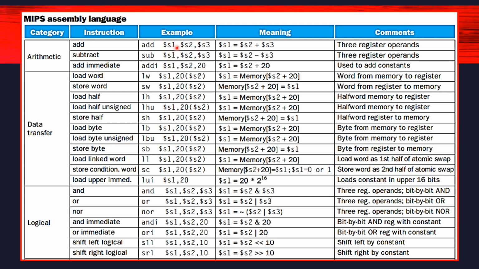The meaning of this instruction is that the operands in the s2 register and s3 register are added and the result is stored in the register s1. Similarly, the operand in s3 is subtracted from s2 and the result is stored in s1. You can go through the various instructions belonging to the categories arithmetic, data transfer and logical. These instruction formats will differ for different instruction set architectures.